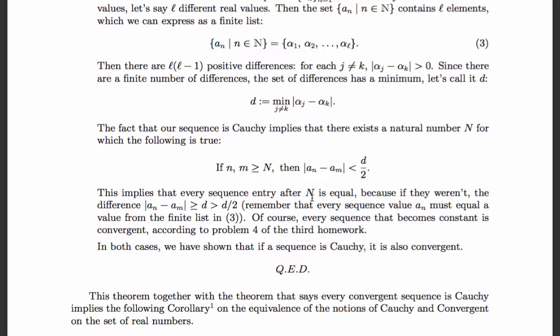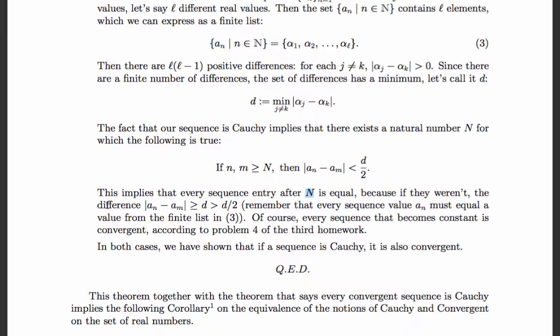That means every sequence entry after big N is equal, entirely the same, because the difference is less than the smallest possible non-zero difference, which means it's 0. So what we have is a sequence that at some point, specifically the point big N, becomes constant.